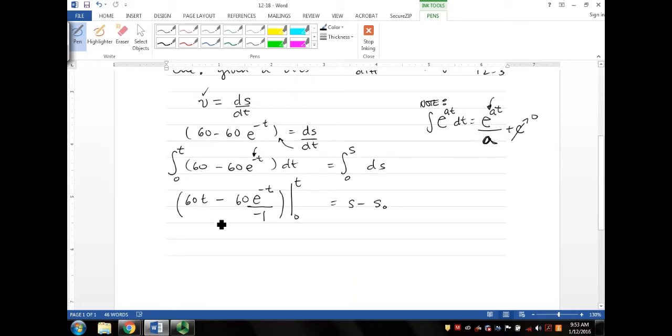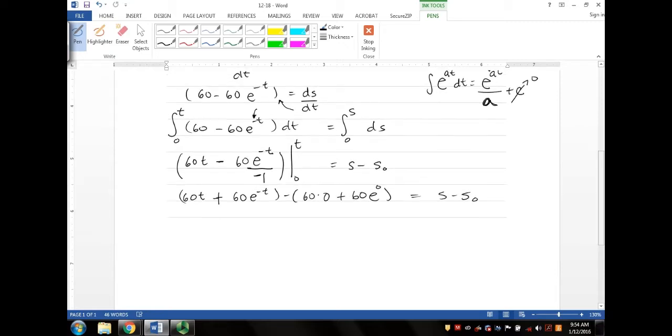So we'll evaluate this left side. That'll be 60t plus, because there's a negative and a negative, so it turns into a positive, 60 e to the minus t, minus 60 times 0 plus 60 e to the 0, is equal to s minus s naught. We continue to simplify this expression.